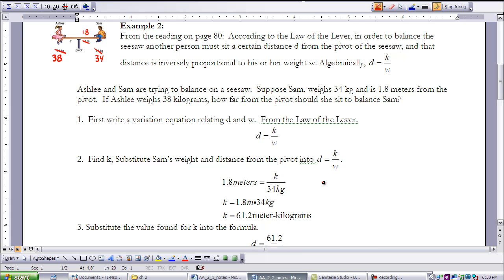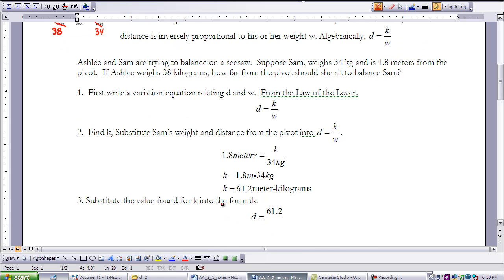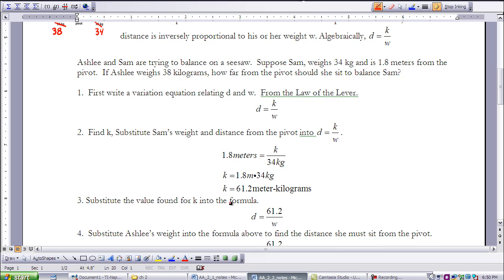So that gives me k equaling 1.8 meters times 34 kilograms, which ends up being 61.2 meter kilograms. We now substitute our value for k into the formula. So that's our third step. And you can see we've substituted down here d equals 61.2 over w.